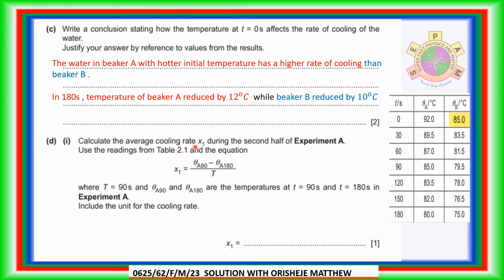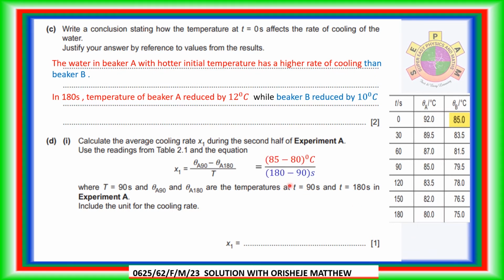Calculate the average cooling rate S1 during the second half of experiment A using the value. And so using the second half of experiment A, you have the first half, you have to 180, so 85 to 80 degrees.